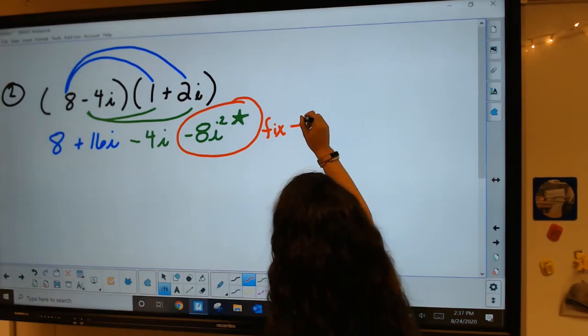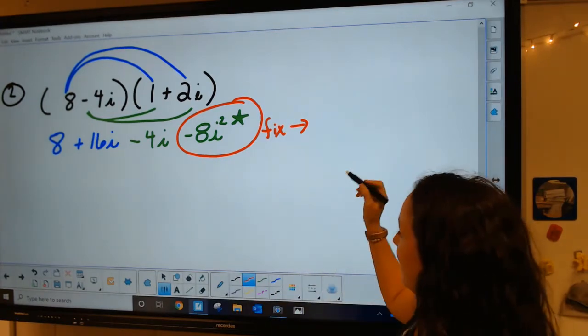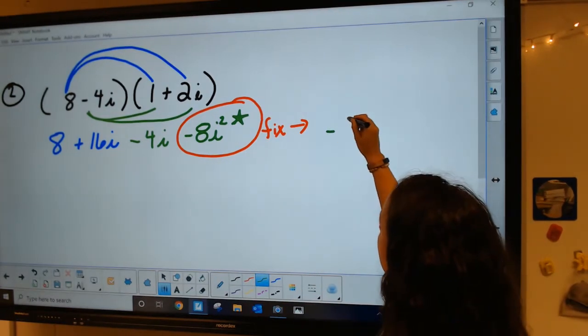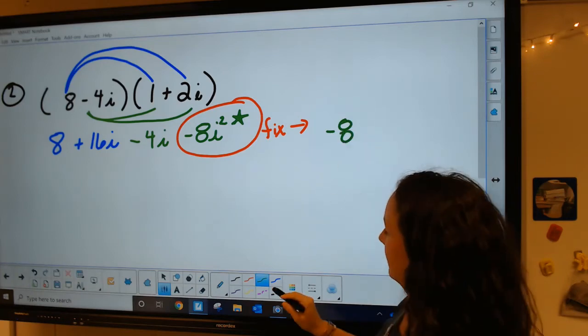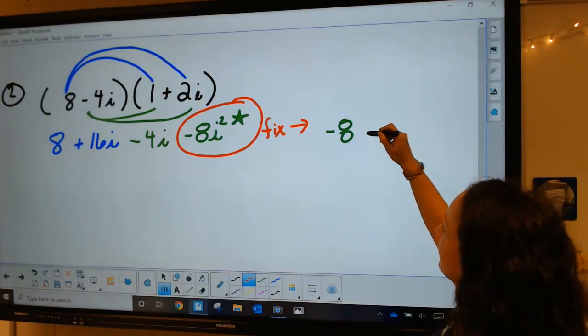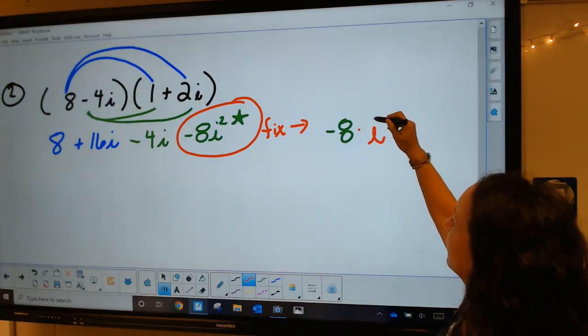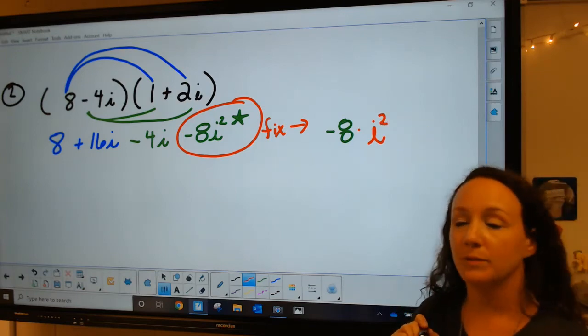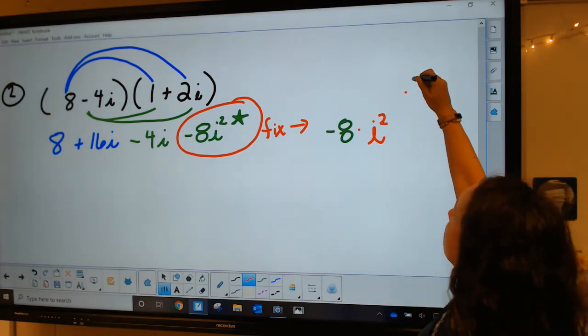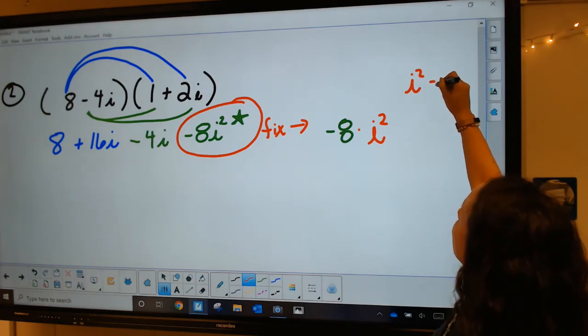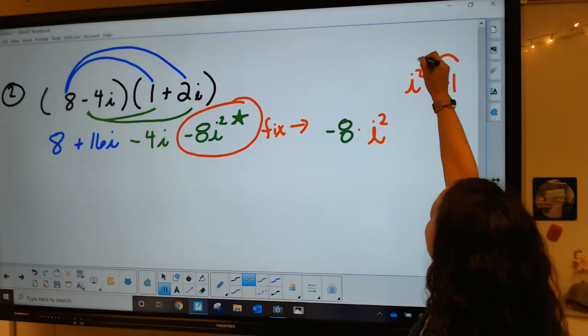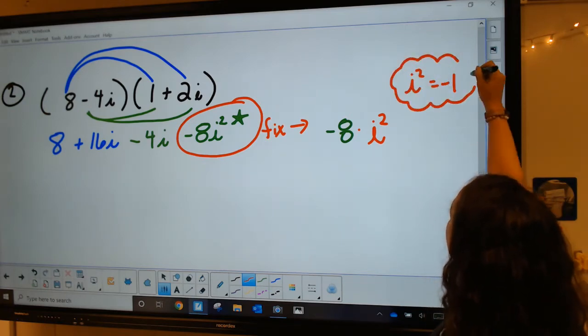So what I mean by fix it is that I have a negative 8, and I have this i squared that's being multiplied to it. Well, i squared is negative 1. They mean the same thing, and this is our big idea for today.